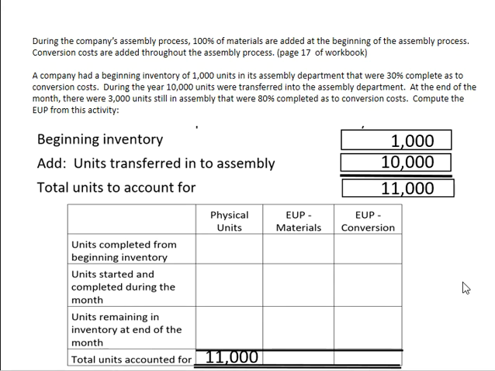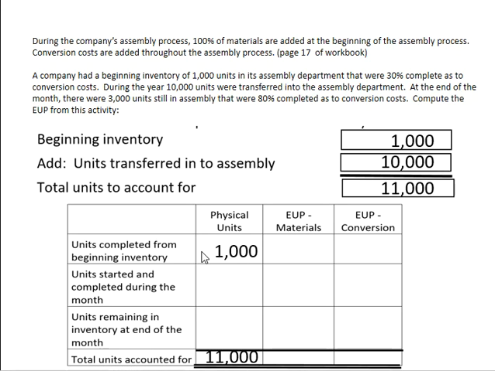Now you remember from our previous presentations in class, I put those total units to account for under the total units accounted for in my physical unit movement. I have to balance to that number. Now I have information that I can plug in from my problem. Units completed from the beginning inventory: we had 1,000 units in our beginning inventory, so we assume all 1,000 of those units were completed.